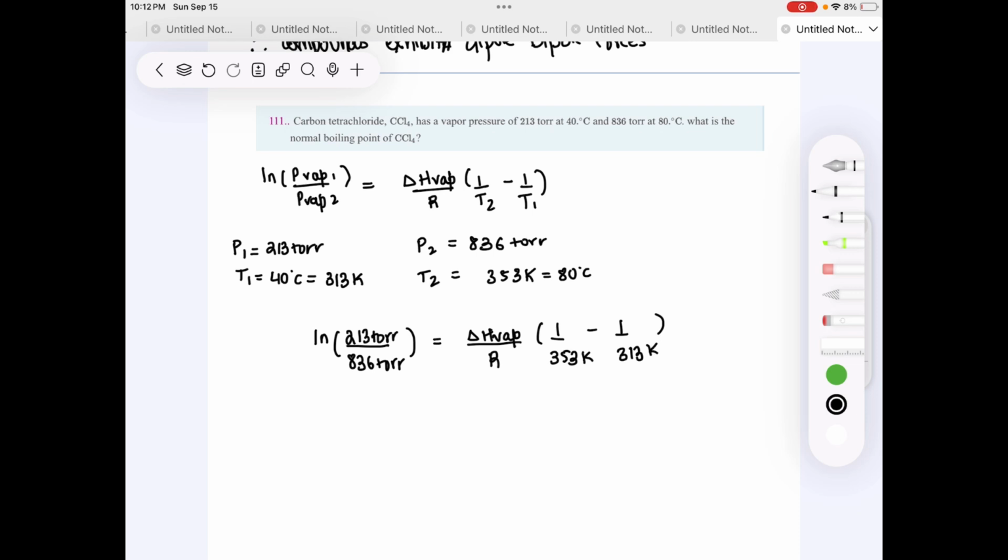Here, we need to find the enthalpy of vaporization since it is not given to us, and after which we will use the value of the enthalpy of vaporization in the next equation, which will give us the normal boiling point of CCl4. Let us calculate this part.